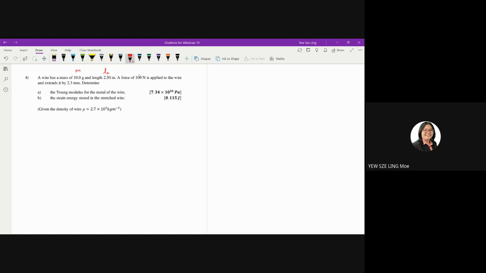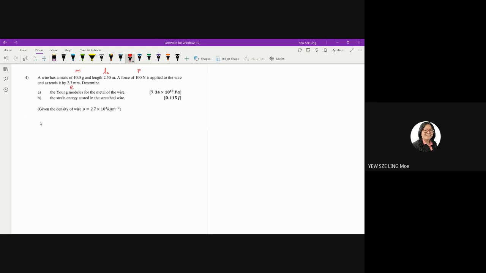Given force F equals 100 Newton is applied to the wire, and it then extends by 2.3 mm. So this is your e. Determine the Young modulus of the metal wire. If you look at this question, you have a length, you have force, you have extension, but one thing is missing.